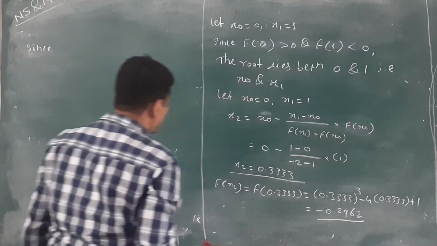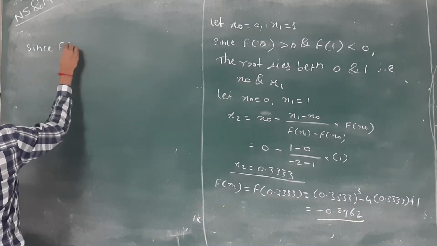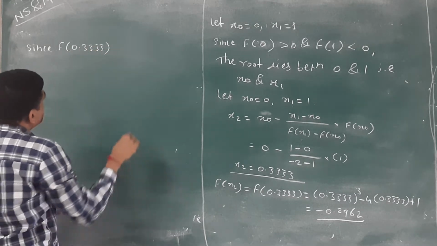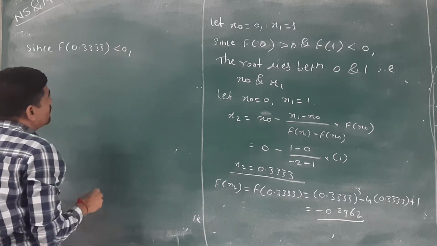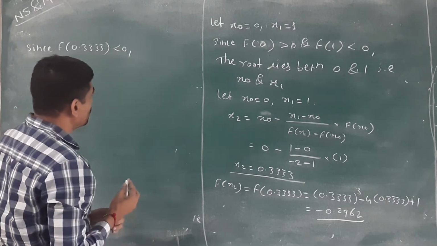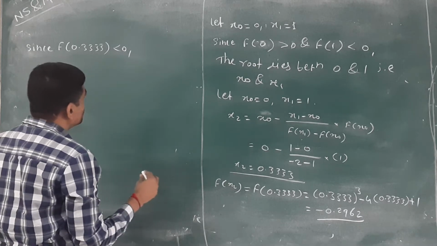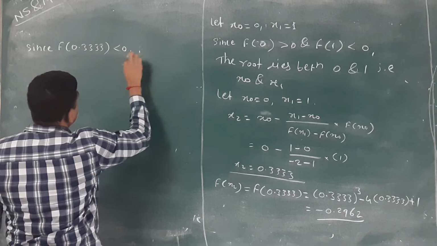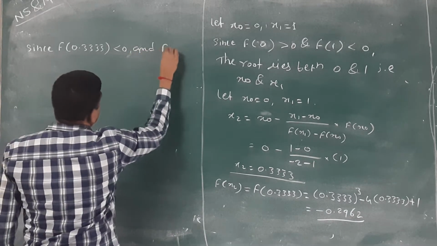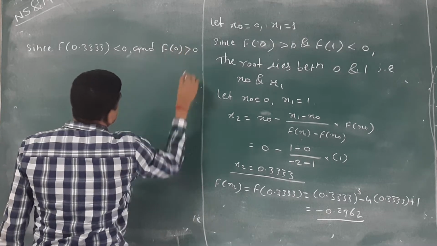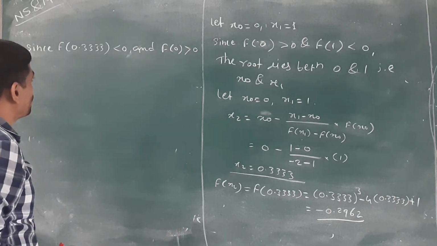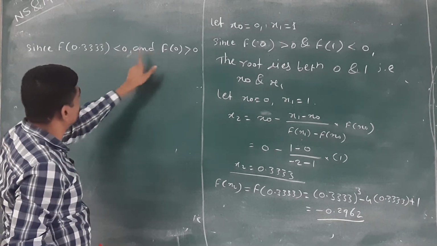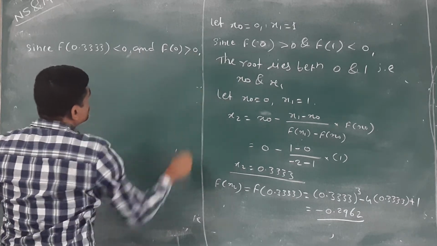We can write: since f of 0.333 is less than 0, and f of 0 is greater than 0. What is the f of 0 value? It is 1. That's why it is greater than 0. Both have opposite signs.